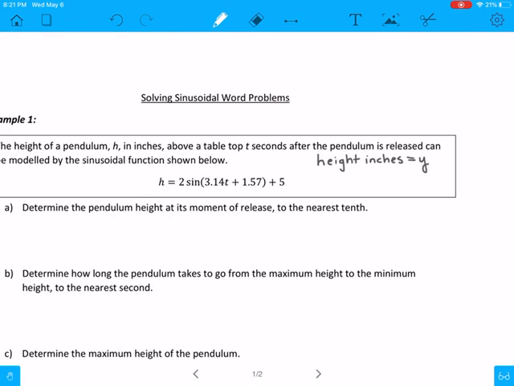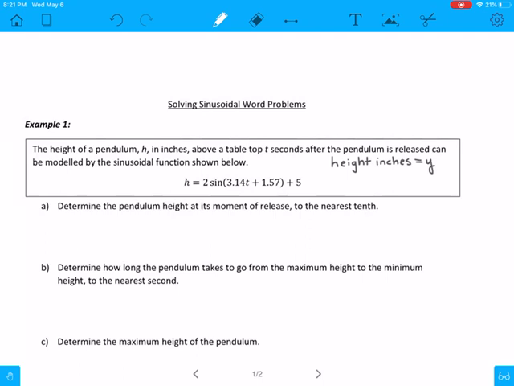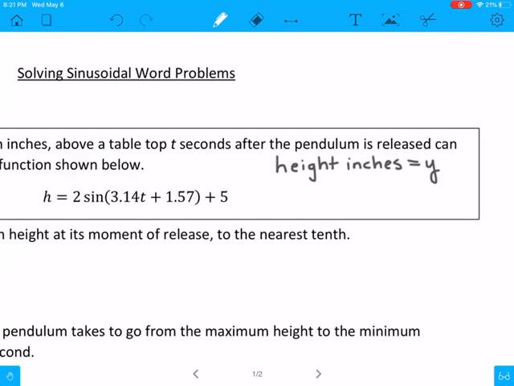Very important. So the height of the pendulum, h in inches, above a tabletop, t seconds. So t, if you look at my equation, is where x normally is, right? So t is seconds. So we have h, which equals height in inches, and t, which equals time in seconds, and that's my x variable. Very important that we know which variables are which.